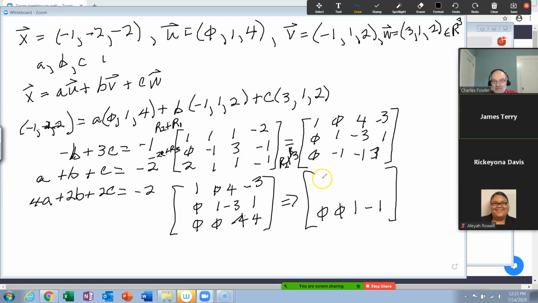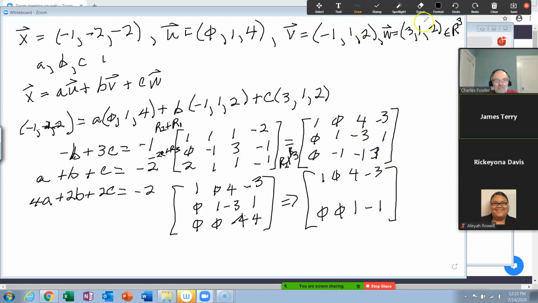And the top row we'll leave alone for now, 1, 0, 4, negative 3. You know what we should have done before I did that? Let me back off a moment here. James, I'm surprised you didn't have me do it.